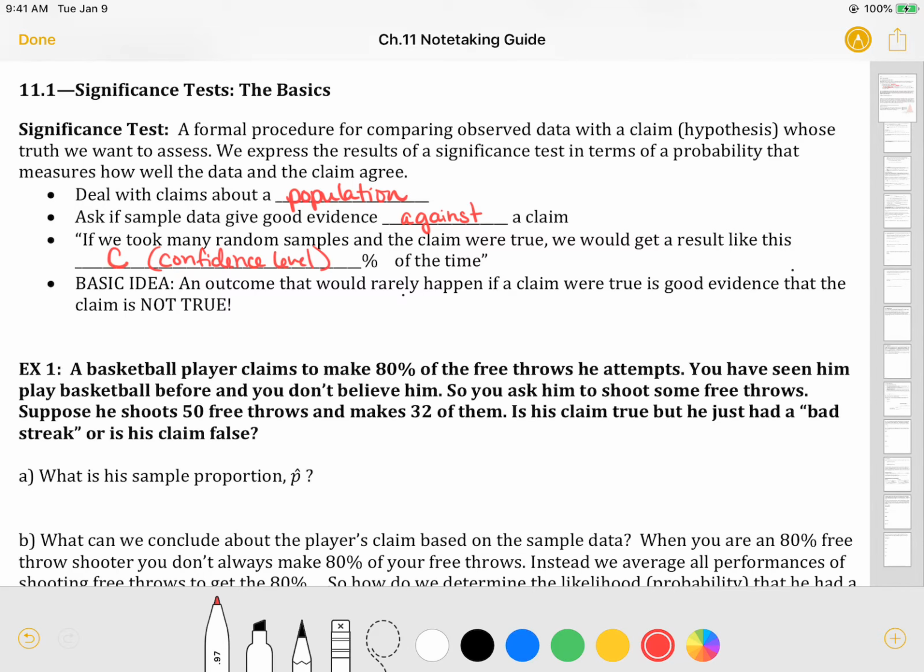And then also here, just the basic idea: an outcome that would rarely happen if a claim were true gives us good evidence that the claim is not true. And this is the whole idea around this big idea of statistics, this concept of statistical significance.